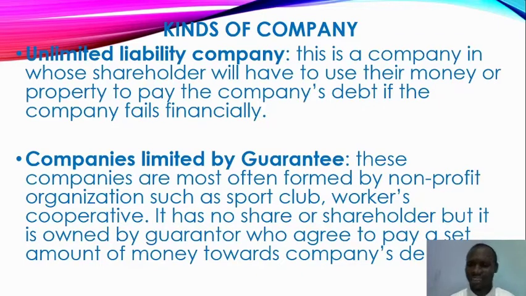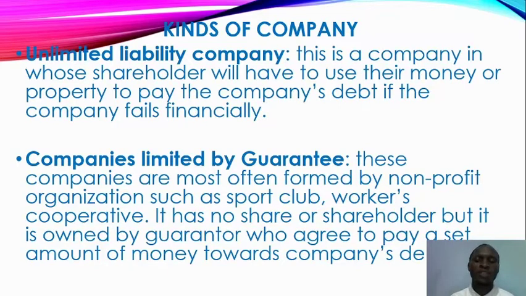Companies limited by guarantee. These are companies that are not really formed for profit purpose. They can be an example of an NGO, clubs, like cooperatives, as the case may be. Now, these companies are usually formed by people, the shareholders known as guarantors. So what happens here is that they agree to pay the debts of the company, that is, if the company should go bankrupt or have any financial crisis.